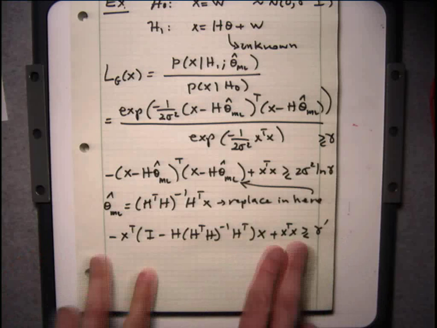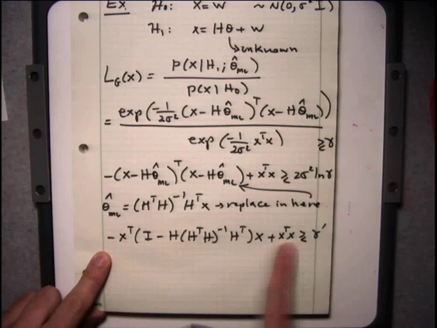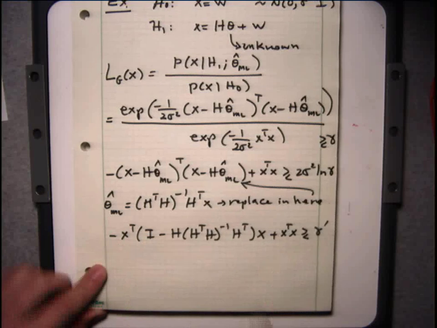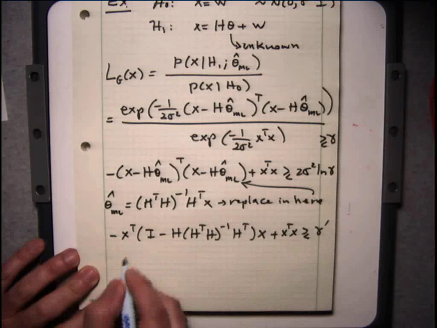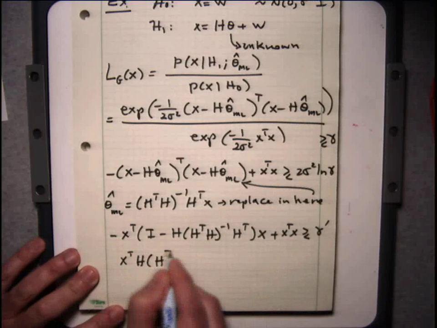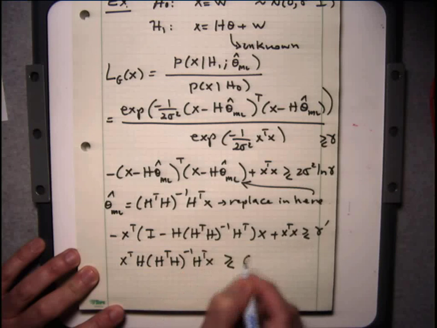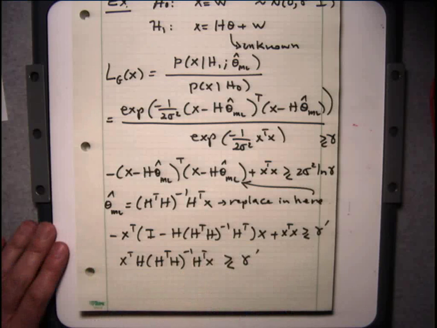Okay, so if you look at this, there's a minus x transpose identity x, so that's going to cancel this guy. So what we're going to be left with is X transpose H, H transpose H inverse H transpose X compared to gamma prime. Right?